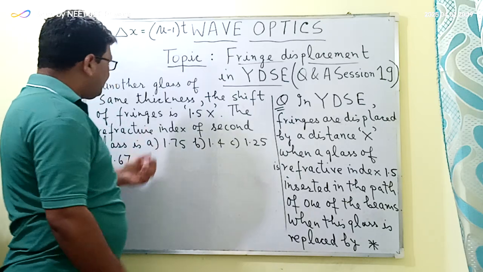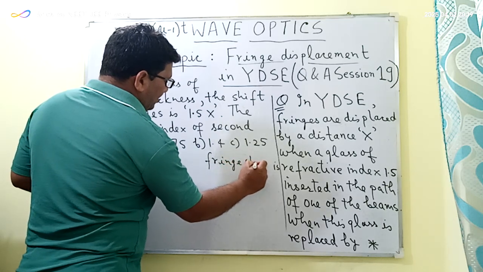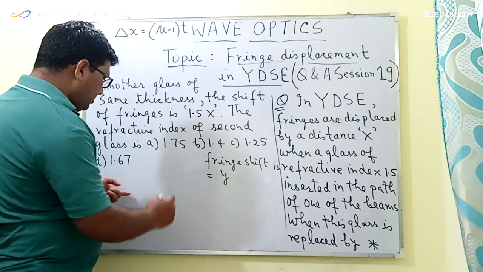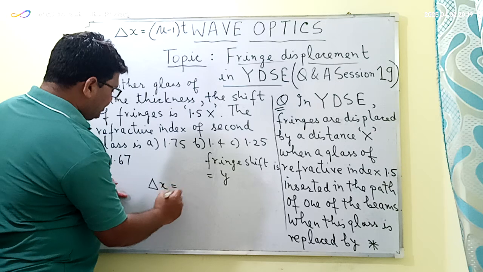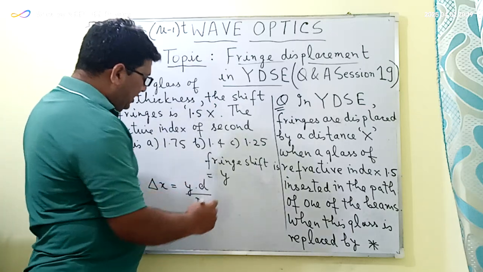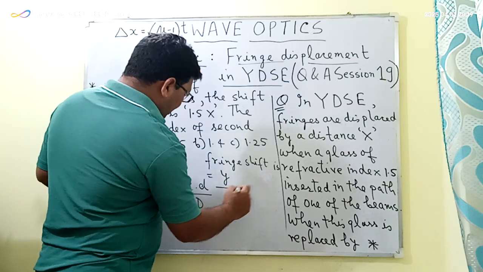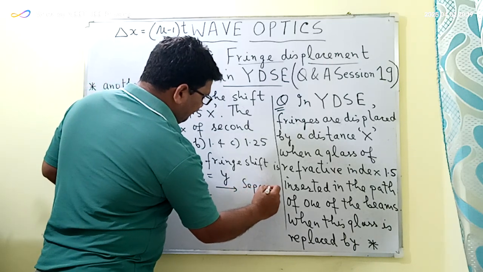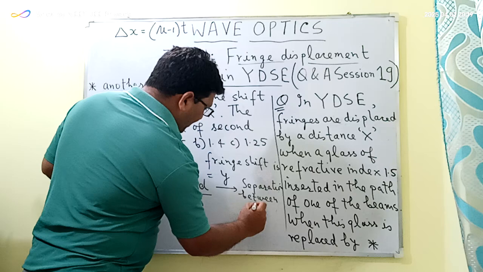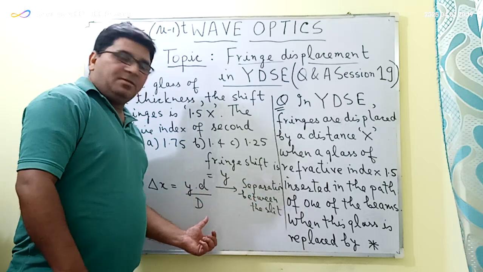If the fringe shift is equal to say y, then delta x is equal to y multiplied by small d divided by capital D, where small d is the separation between the two slits in the Young's double slit experiment.